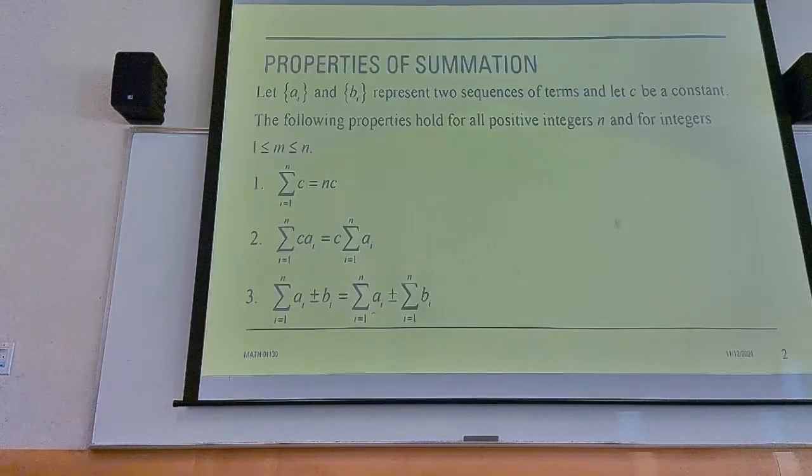Properties 2 and 3 taken together are called the linearity properties. So summation is what's known as linear.